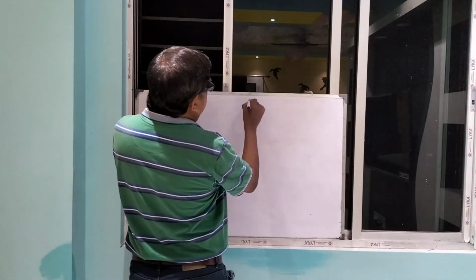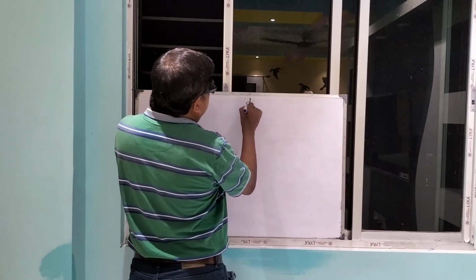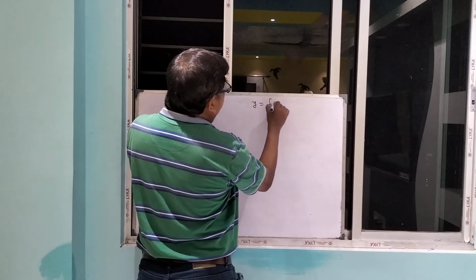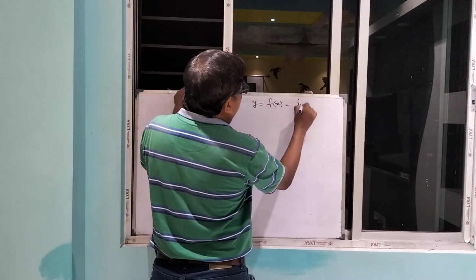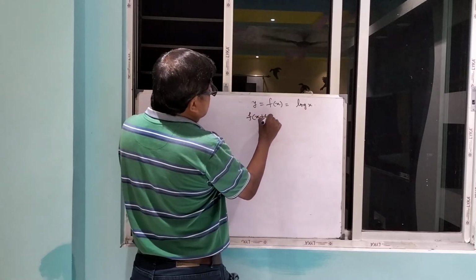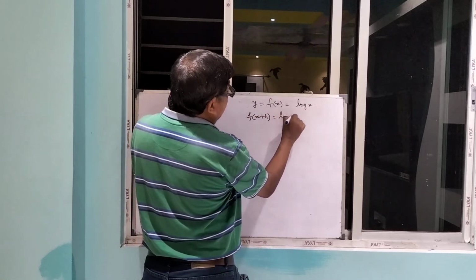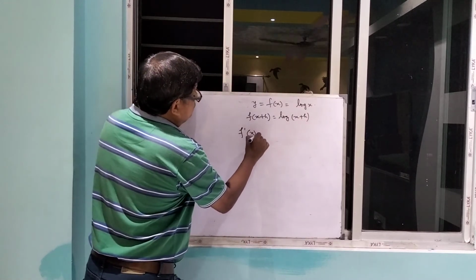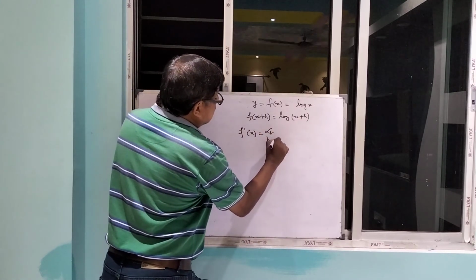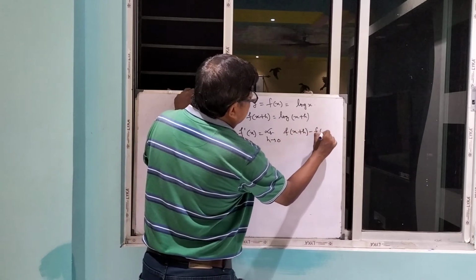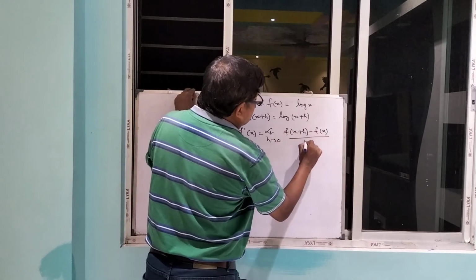Suppose d/dx of log x. y equals f of x equals log x. So f of x plus h is log of x plus h. Now f dash x equals the limit h tends to 0 of f of x plus h minus f of x by h.